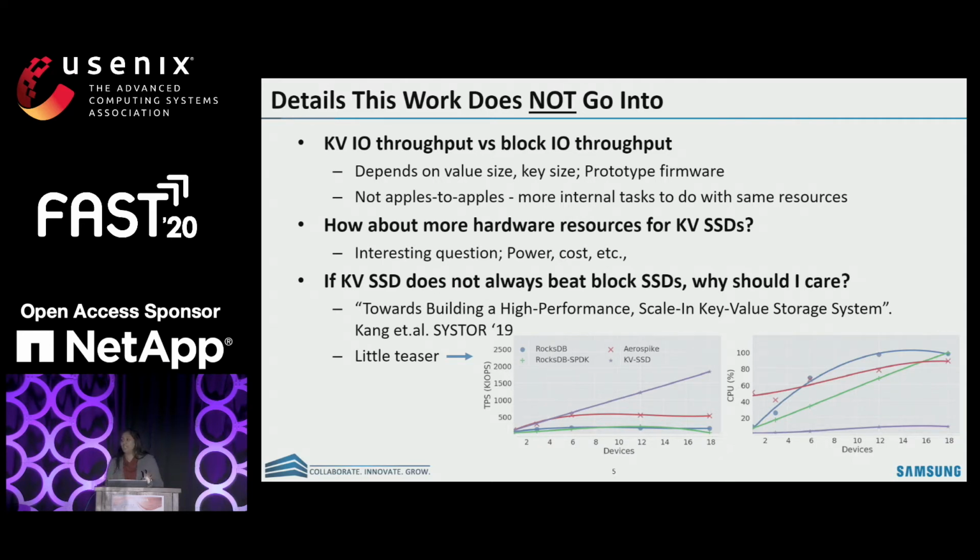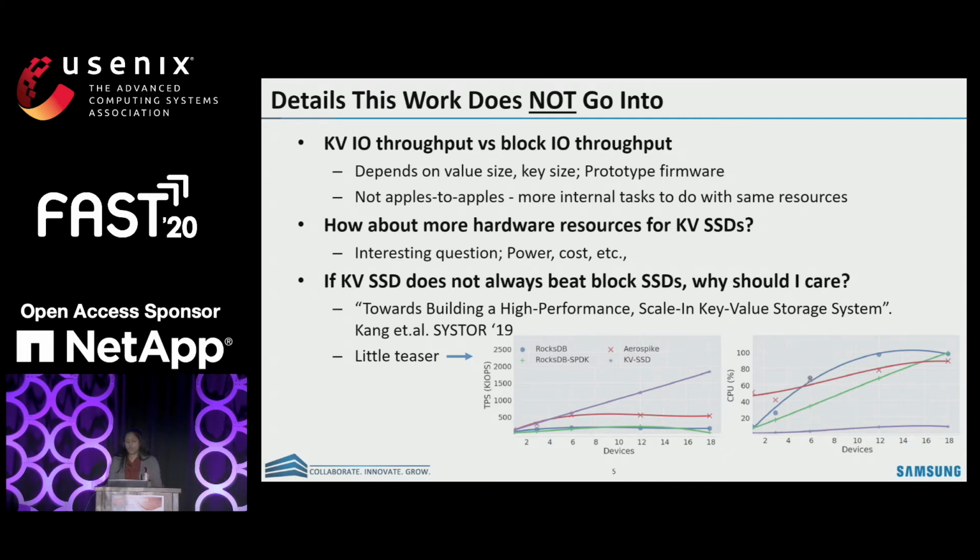You can also ask, how about adding more resources for KV SSDs? Some people have been talking about that. That's an interesting question as well, but there are also power and cost constraints in the picture. Should we actually do it? Do we need to do it? Those are all different questions, so we won't be going into that either.